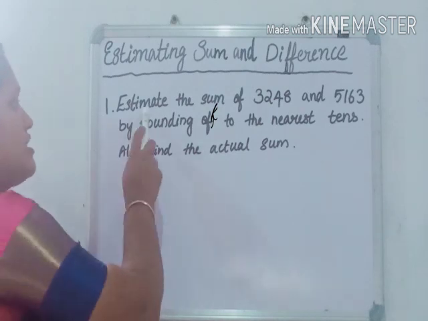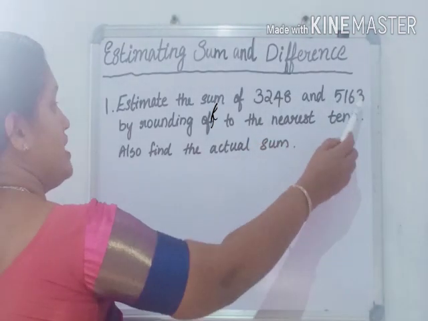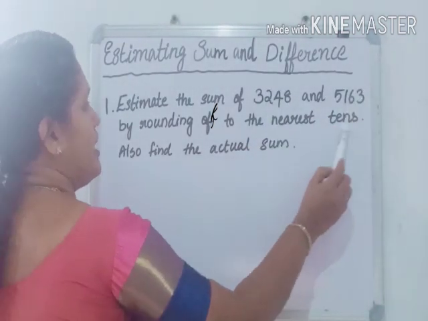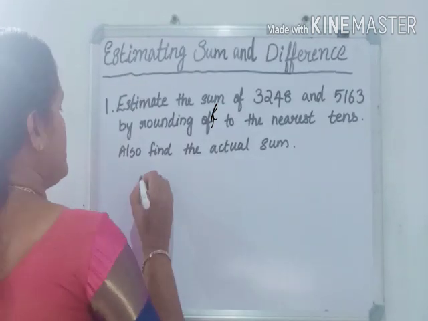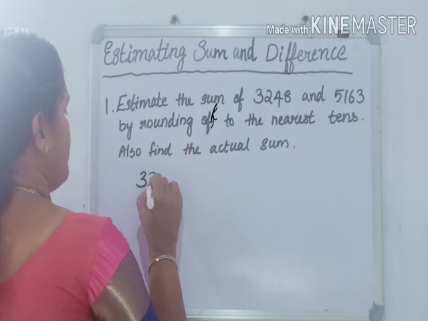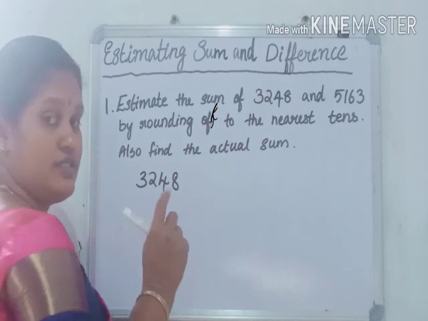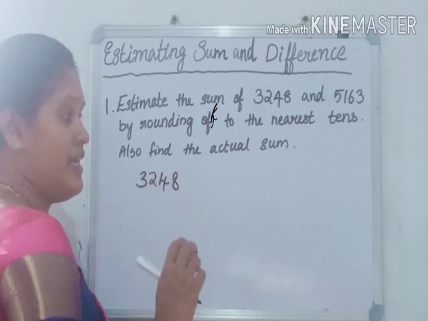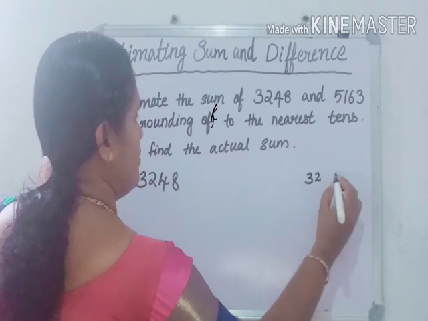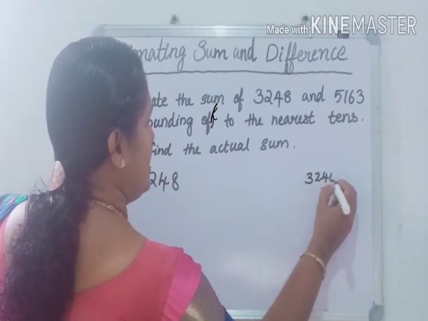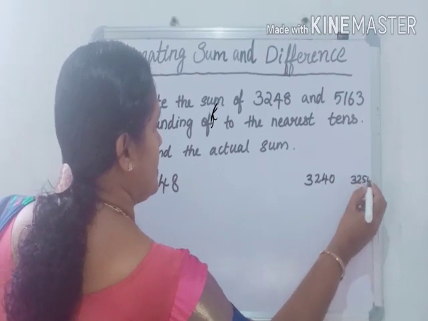To find the estimated sum, first we have to round off these two numbers to the nearest tens. 3248 lies between two tens. Which are they? 3240 and 3250.